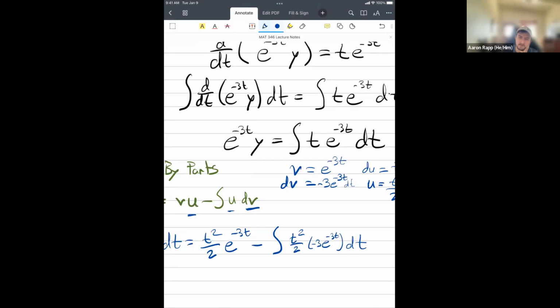Now, does that integral look like it's gotten a little bit easier to solve? What do you think? Or how do you feel? Yes or no? We started with an integral of t times e to the negative 3t, and now we have an integral of t squared divided by 2 times a negative 3 times an e to the negative 3t.